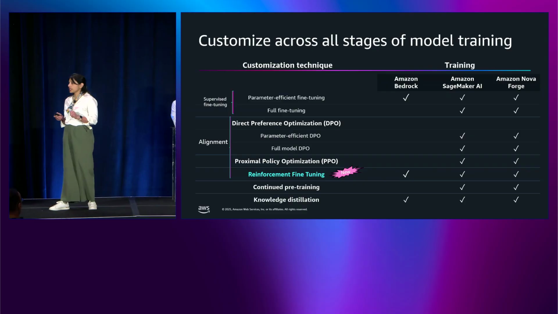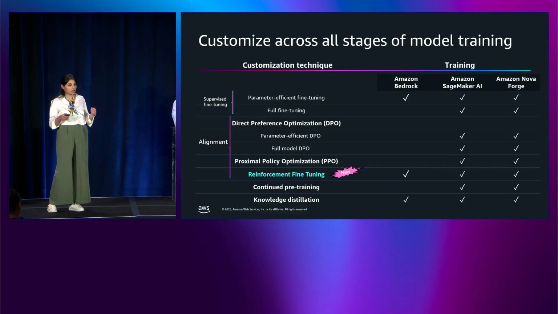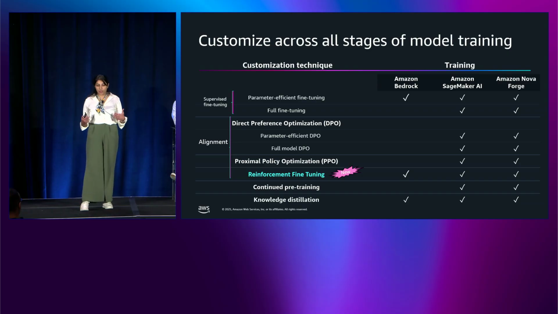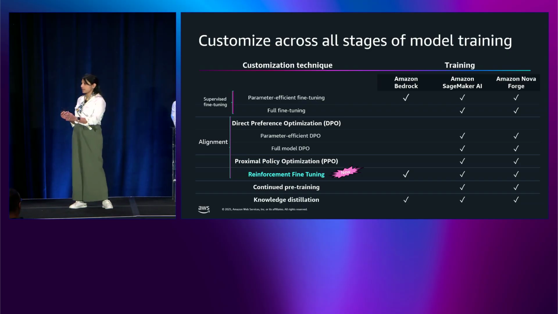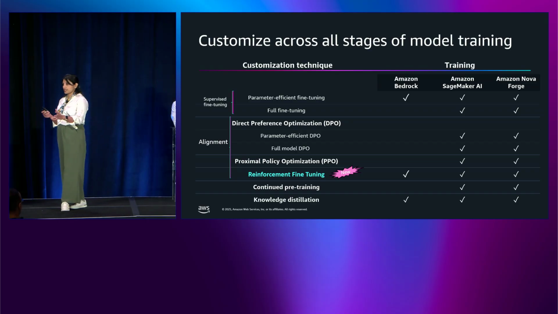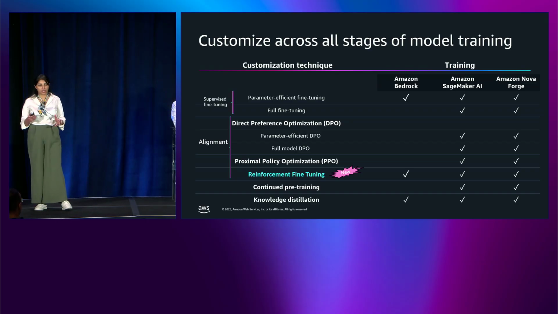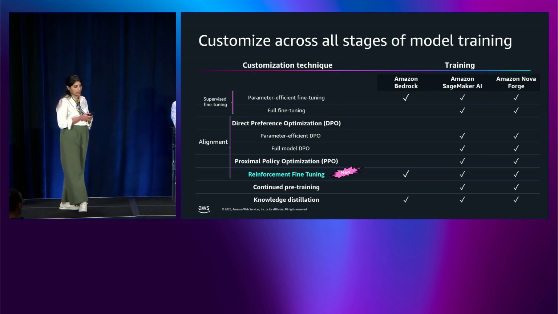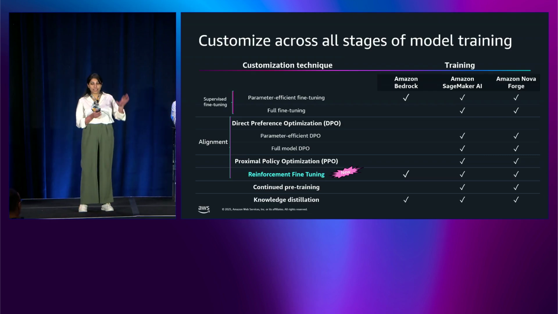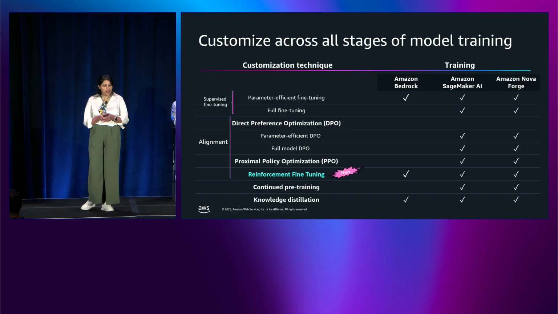So here's a deeper look at all the customization techniques available for Nova models and all the options available for you. You can customize on Bedrock or SageMaker AI or use the newly launched Nova Forge to customize Nova models as well. On the left here, you see all the different customization techniques.